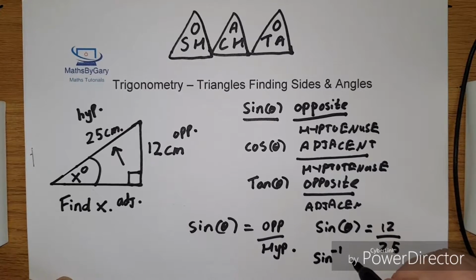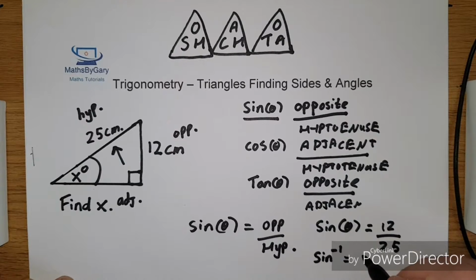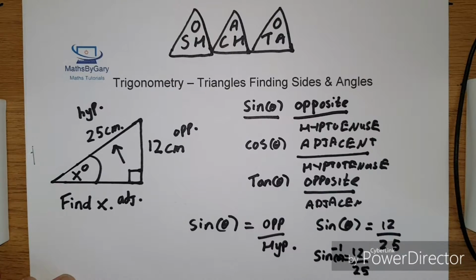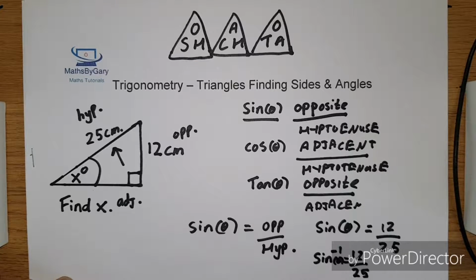So sine to the -1 of 12 divided by 25. We want to find theta, so that's simply sine to the -1 of 12 divided by 25.